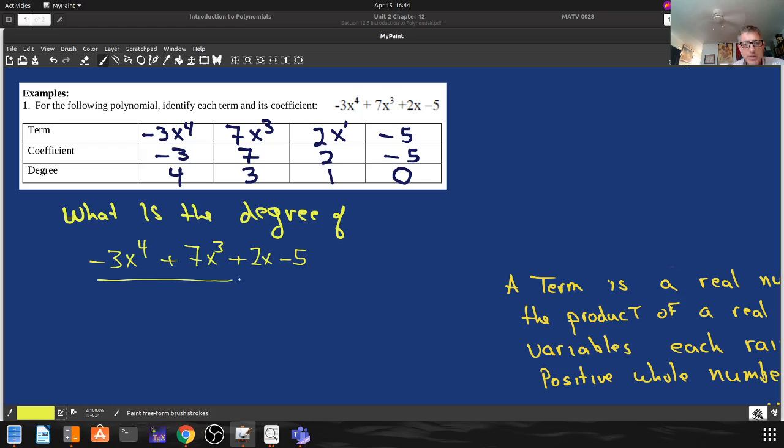So this is a polynomial. What is its degree? Well, again, its degree is the largest degree of all of its terms. So this has degree 4. So, not so bad.